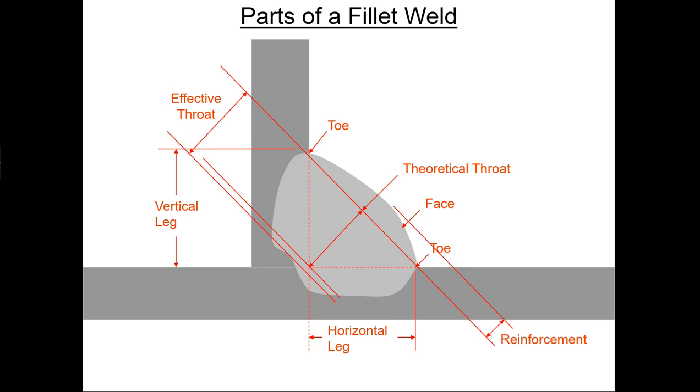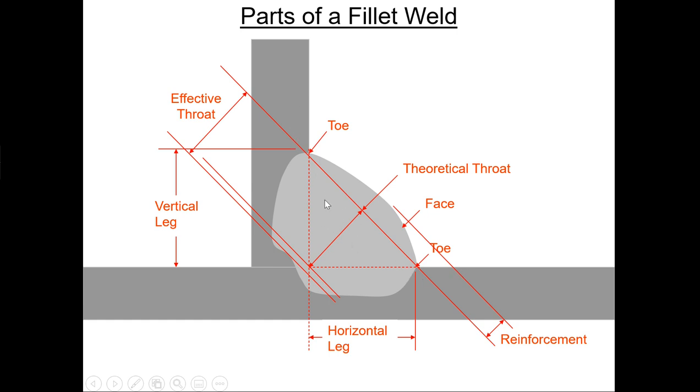And the last but not least is reinforcement. Reinforcement's the bump in the weld, how high it is. Now, it's not a problem if you have reinforcement, but if we get a concave weld, a weld that's very low like this, a weld should be flat at least. We don't want to start getting into welds that look like this. This is convexity when it's out like this. This is concavity when it's down like this.